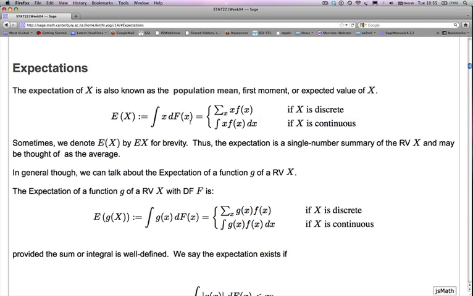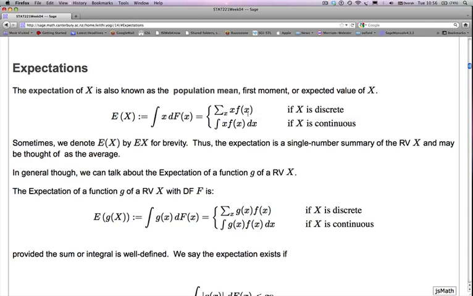Now what is little d capital F of x? For a continuous random variable, it's simply f of x dx. So the integral x dF of x is the integral of x f of x dx if x is continuous, and it is nothing but the sum over all x multiplied by f of x if x is a discrete random variable.